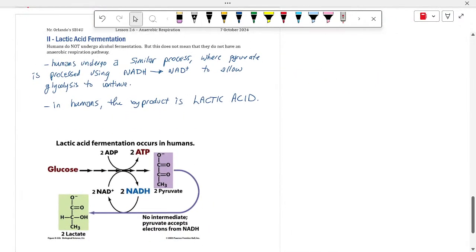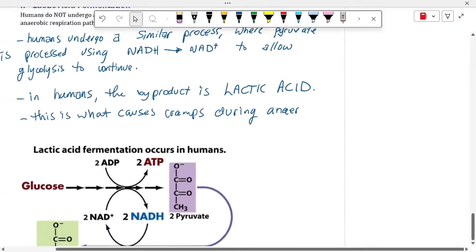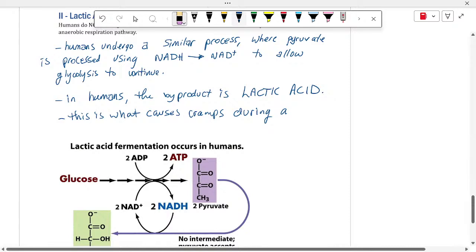The one thing I want you to note is that, well, two things to note. One, this is what causes cramps during anaerobic exercise. Now, to be clear, not every cramp is caused by lactic acid.